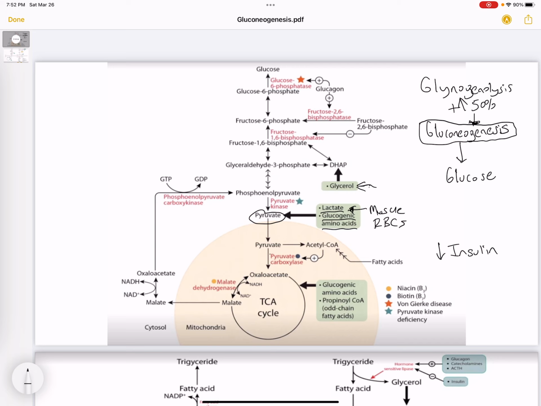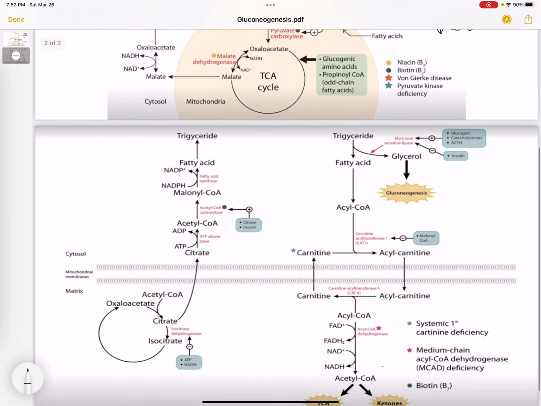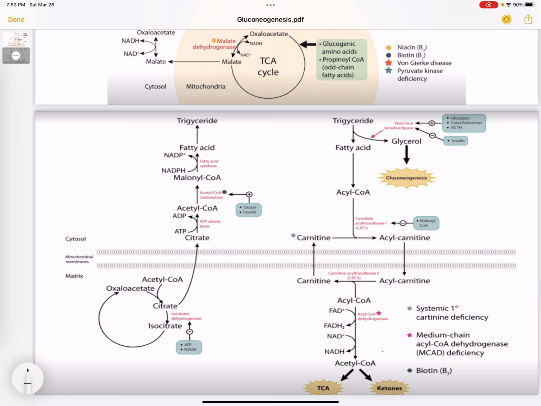Why? Because if our blood sugar levels are low, then our body does not need to produce insulin to take any extra glucose found in our blood into our cells. And if our insulin levels are down, then fatty acid breakdown is going to be upregulated.